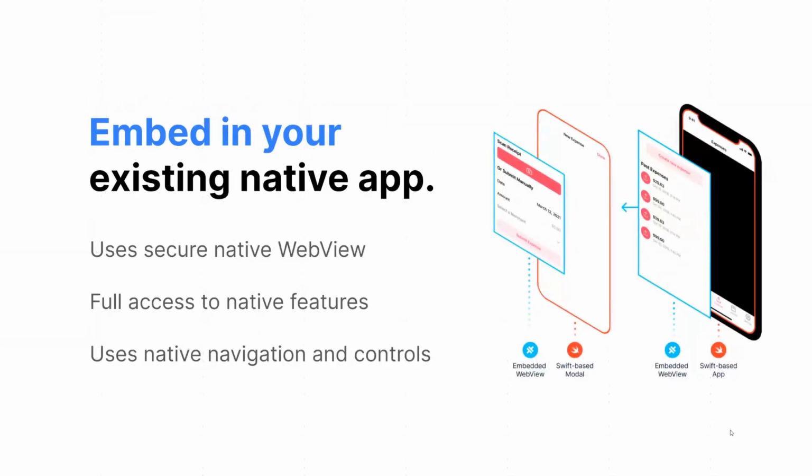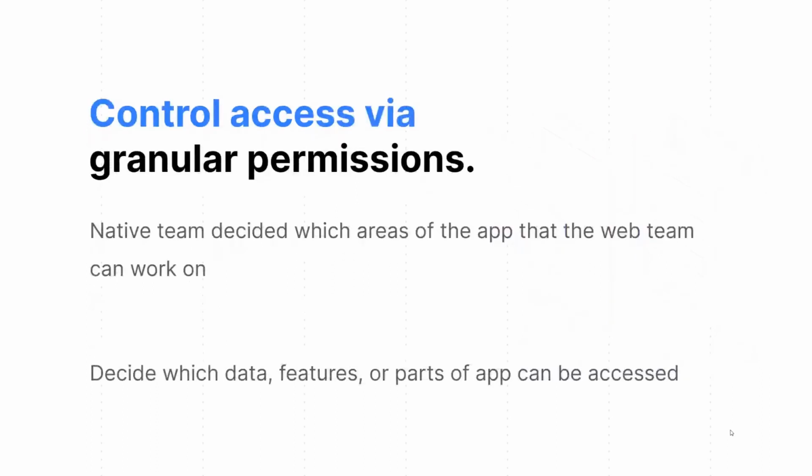The second step is embedding that web app into your existing native mobile app, right? And again, it's going to use our secure native web view, the Portals product, to do that. You get full access to your native features and native navigation and controls as well. So you have lots and lots of customization and configuration you can do on this front to deliver a great experience.